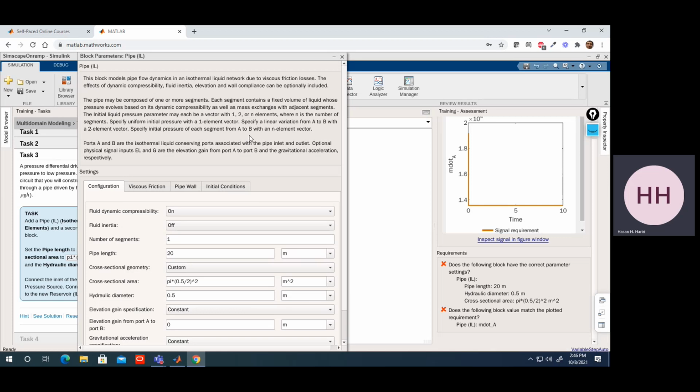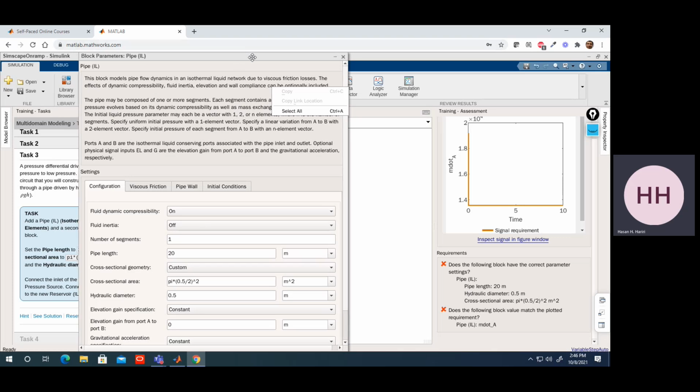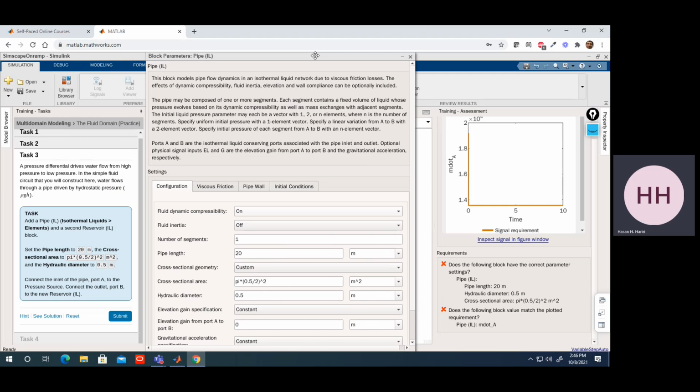Does the following block's value match the plotted requirement? So why is it wrong, even though we know it is right? I mean, the pipe length is, as they said, right, 20 meter, and the cross-sectional area is pi times 0.5 over 2 squared. Sure, it seems right.